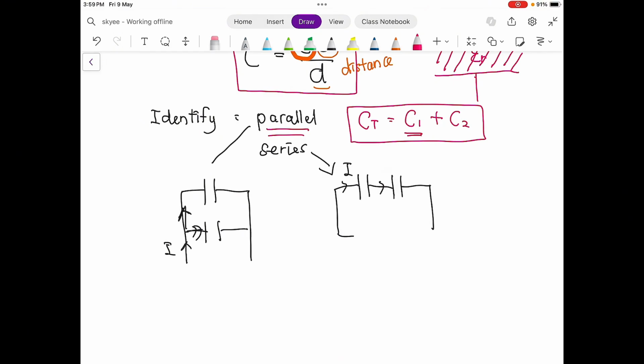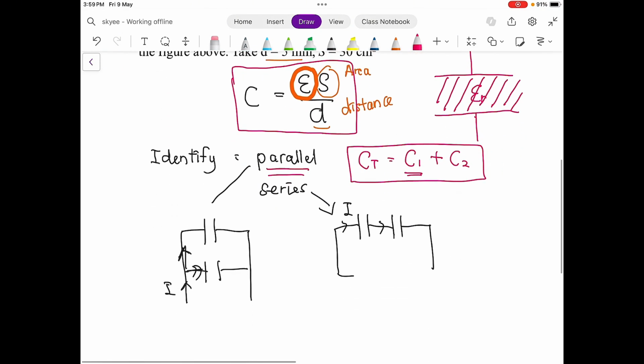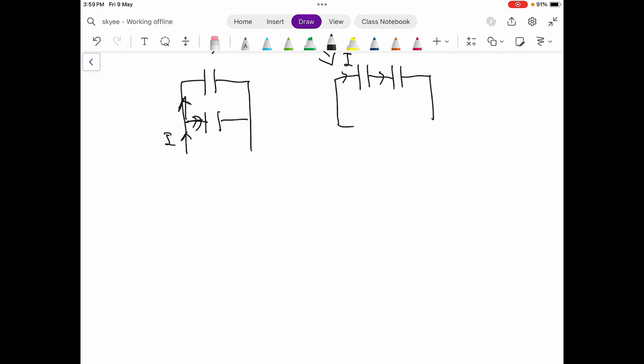So what is C1? Let me write down that C total is equal to epsilon R1 times S1, the area of capacitor 1, over the distance of capacitor 1, plus epsilon R2 times S2, the area of capacitor 2, over the distance of capacitor 2.